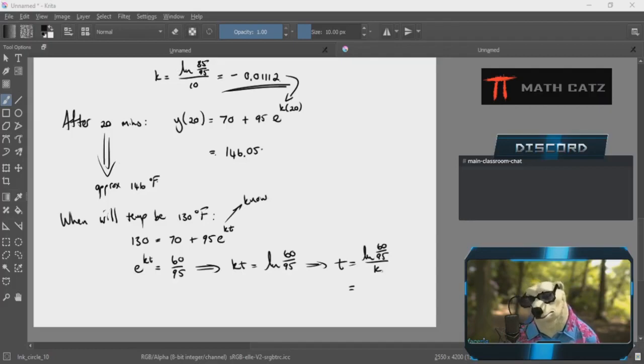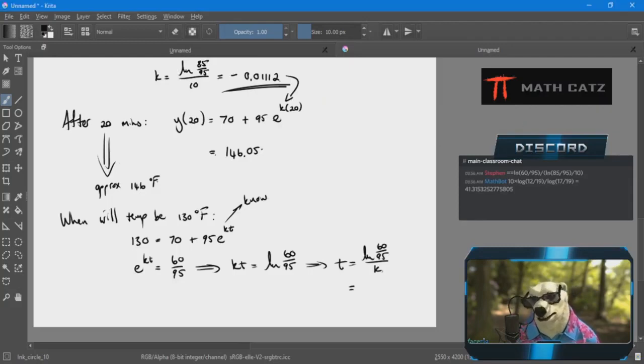Remember to not use a k value that is rounded too much or at all. So log of 60 over 95 divided by, now we could use our most accurate k, which is up there on the screen, log of 85 over 95. I could have simplified that, but that's too late for that now.